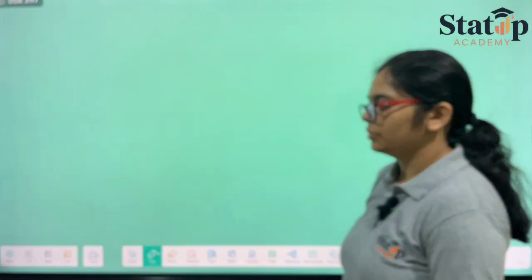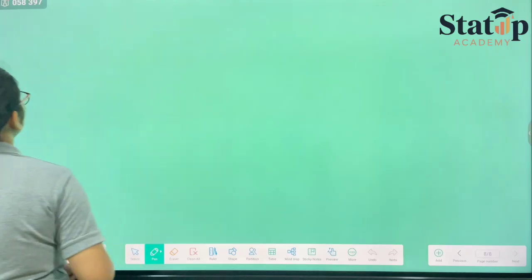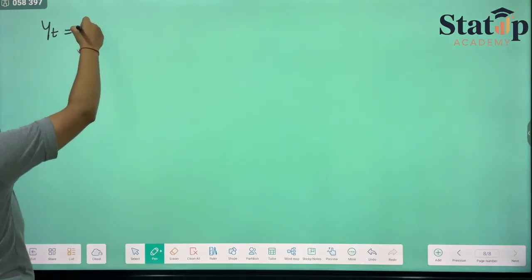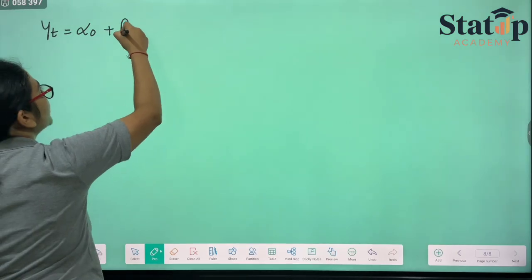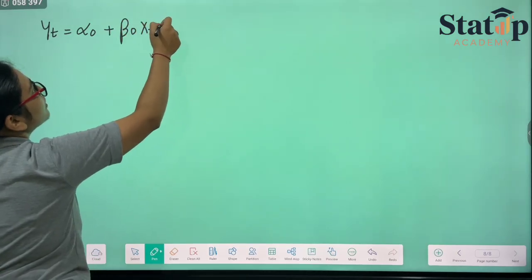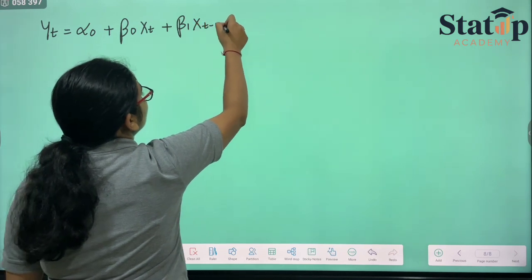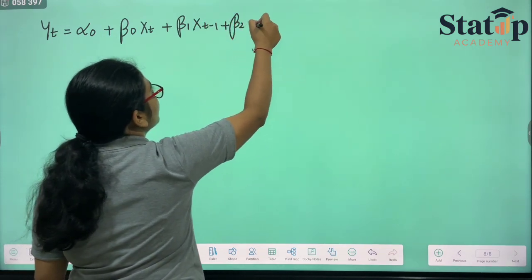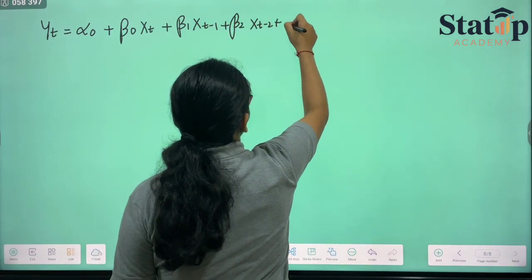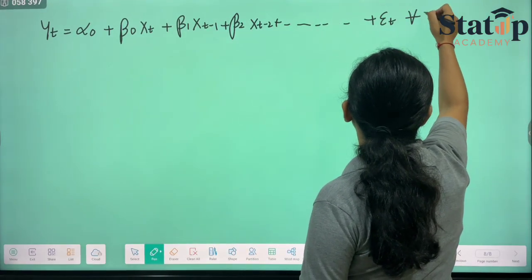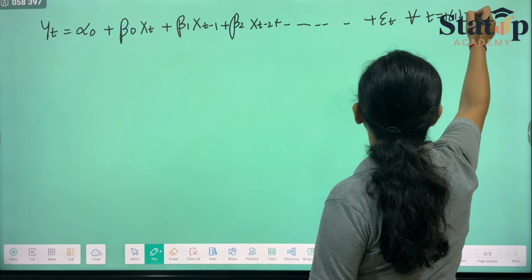If we substitute the values of beta k in the model, our model is yt is equal to alpha naught plus beta naught xt plus beta 1 xt minus 1 plus beta 2 xt minus 2 plus up till epsilon t for all t from 1 to n.